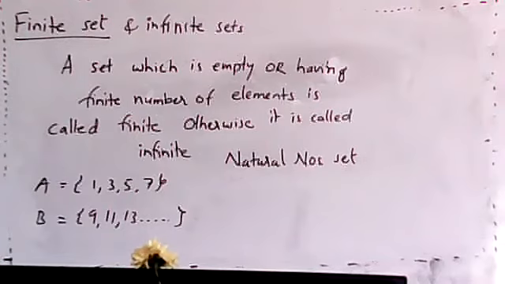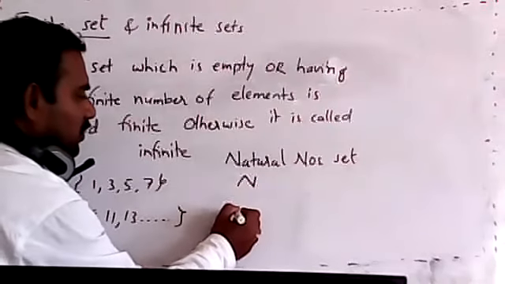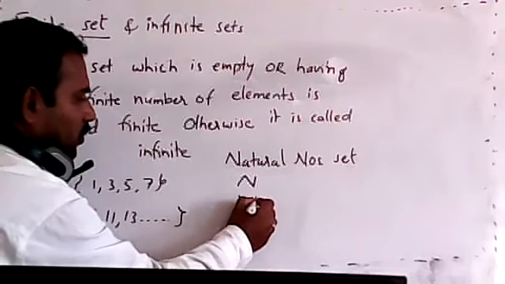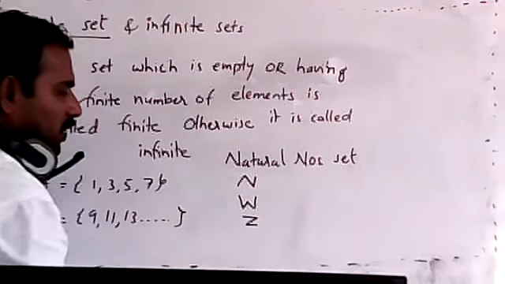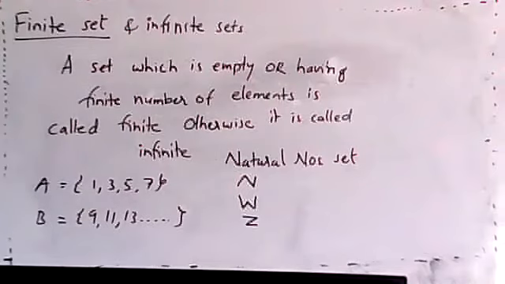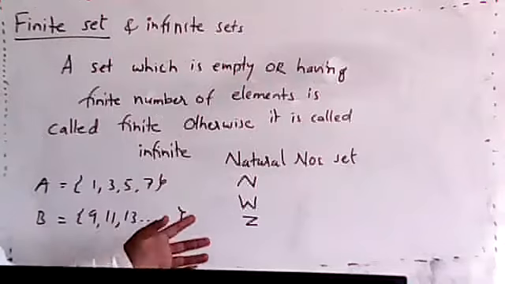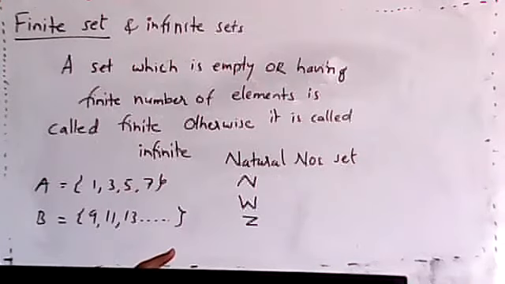Similarly, if I give the integer set. N is the natural set, W is the whole number set, Z is what? Integer set. So whether these three are finite sets or infinite sets, all these three are what? Infinite sets. Why? Because they never end. Simply we go on writing the numbers, it never ends.